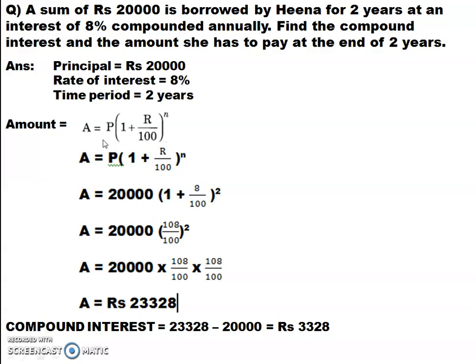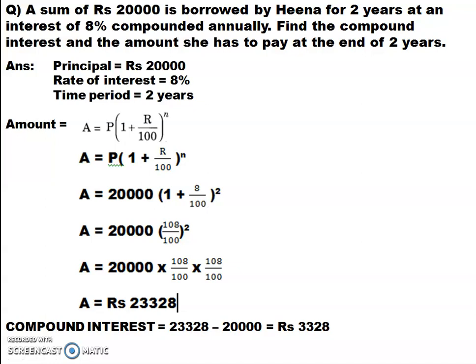It is A equal to P into 1 plus R by 100 the whole raised to N. Substitute the values. P is 20,000, R is 8%, N, number of years, is 2. Students, compound interest has a big calculation part.